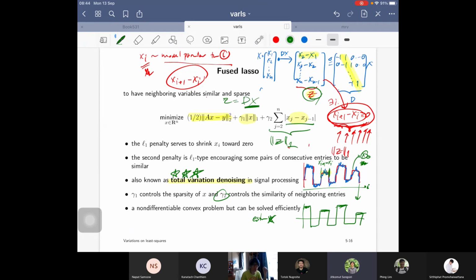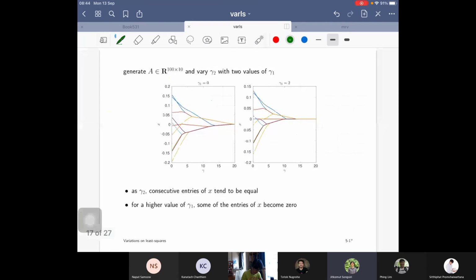Z is an affine transformation of x. The L1 norm is convex, but it is the L1 norm of Dx, so you can think of this as a norm function, which is convex, composed with an affine map. The result is still a convex function. So the fused Lasso problem is convex, and you can solve it efficiently using software.